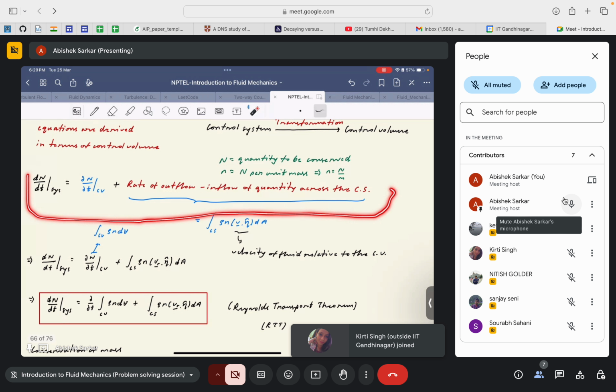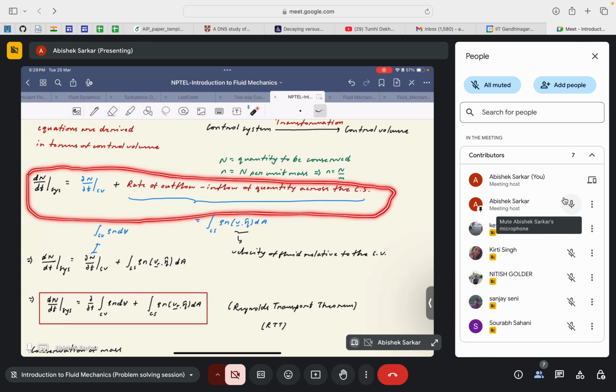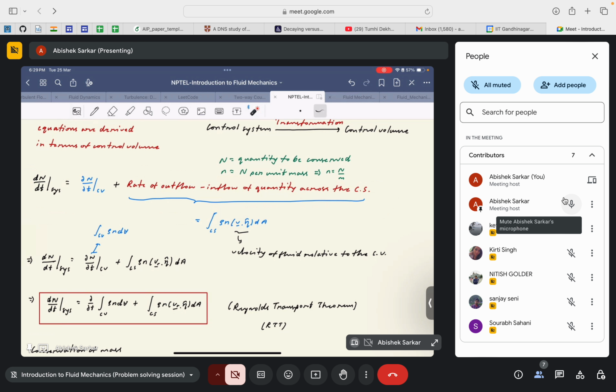This fundamental equation says that the rate of change of a particular property, say capital N, in a control system approach is equal to the local rate of change of that property, that is the temporal change, dou N by dou t. It means we are taking only a time derivative, since in the control volume approach the property is a function of both space and time and is considered with respect to a particular control volume.